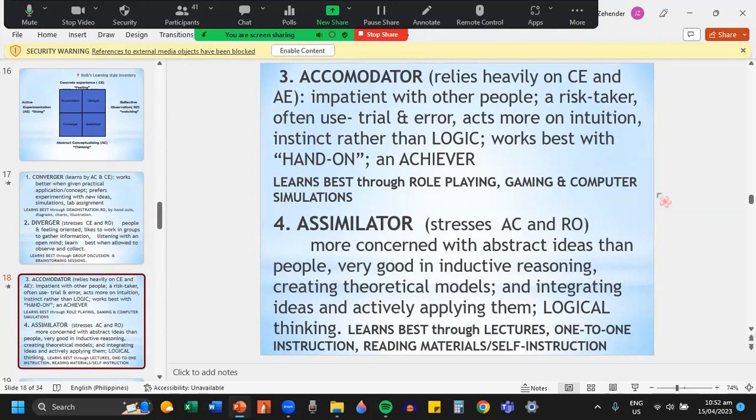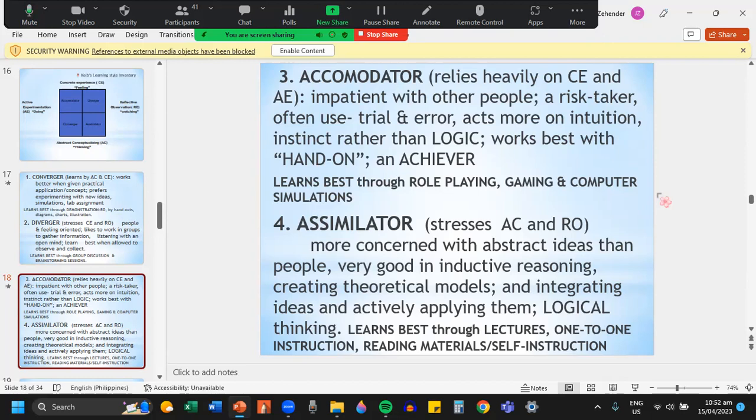So, if you know, dito ako mas nafo-fall. Okay, so for me personally, I'm more on this one, assimilator. Okay, so especially no, yung mga introverts just like me, no, kanang they prefer to spend time on their own, no, to learn something.